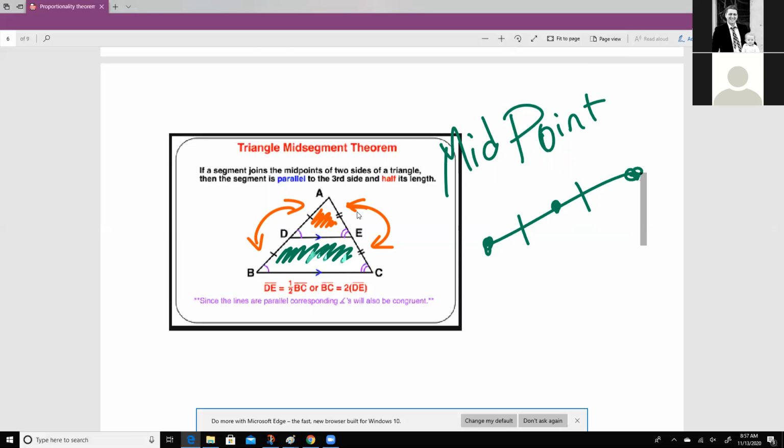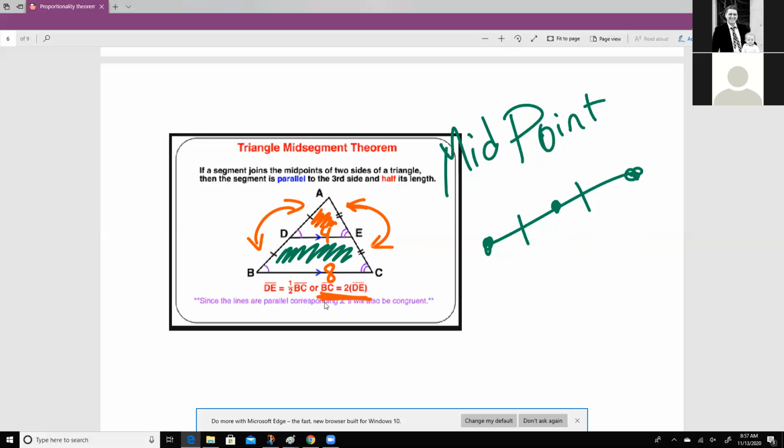You might be wondering why that's useful. Let's find out. Another thing that I want to point out to you is this formula down here, where it's saying that if BC was 8, then we would know that DE is half of that, so DE would be 4.